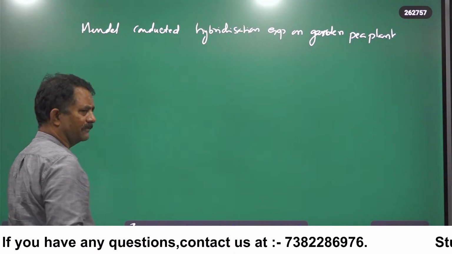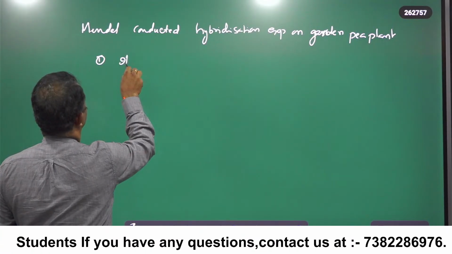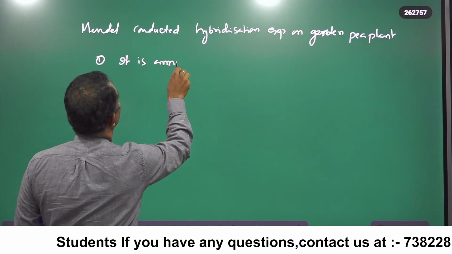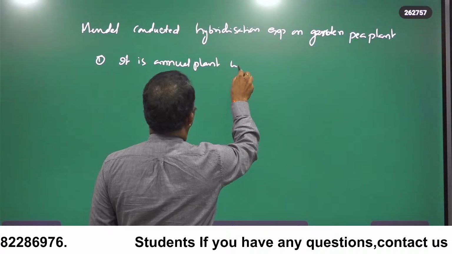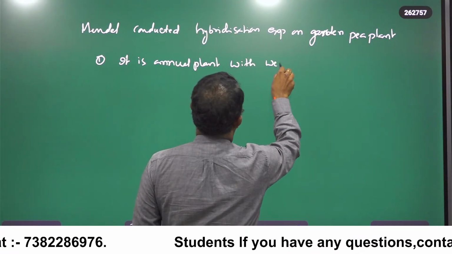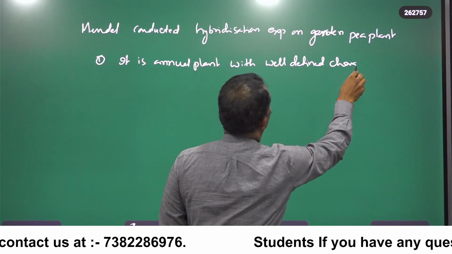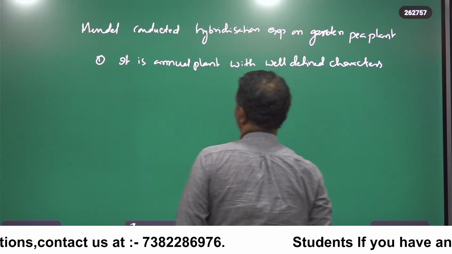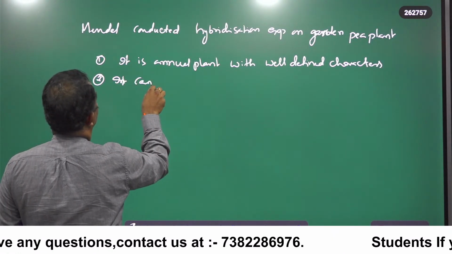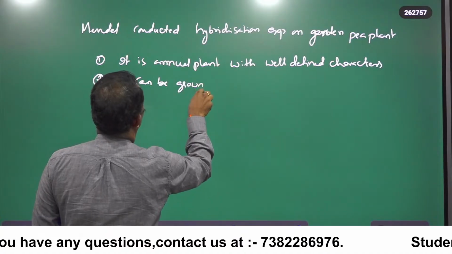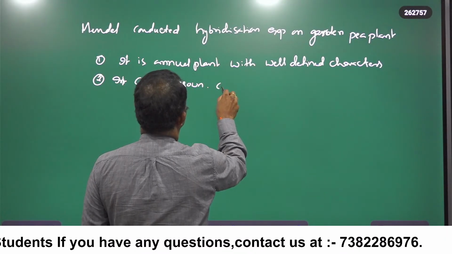The reasons for selection of the garden pea plant. First one, it is an annual plant with well-defined characters. It can be grown and cultivated easily.